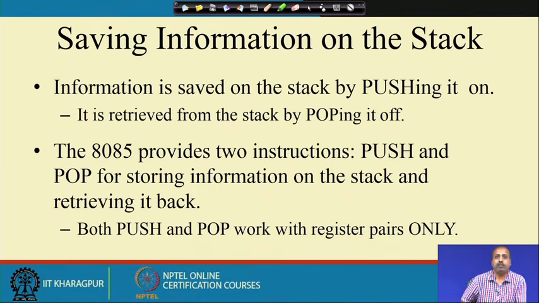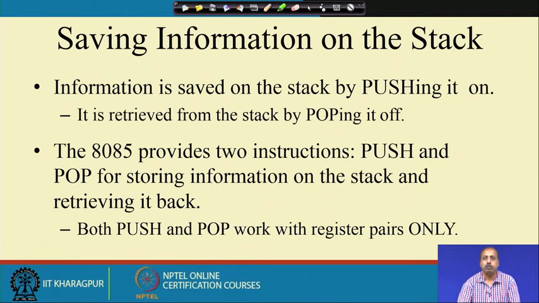Now, how can you save or retrieve data information from the stack? Information is saved on the stack by pushing it on. So, you can push data onto the stack. That will be saved onto the memory locations pointed to by the stack pointer, and then you can retrieve it by doing a pop operation.